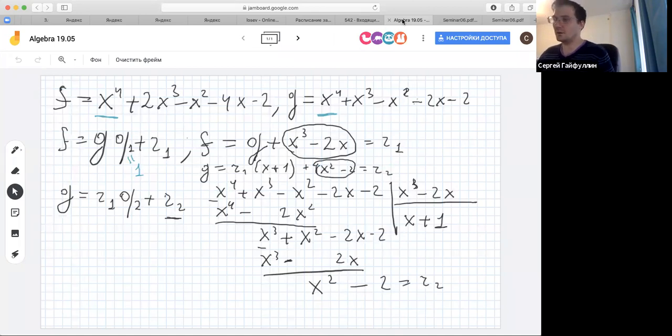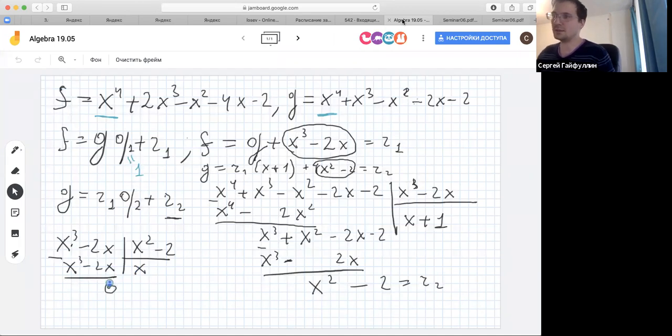And now I need to divide R1 by R2. So I have x to the third minus 2x, and I divide by x squared minus 2. This is just x and without remainder.